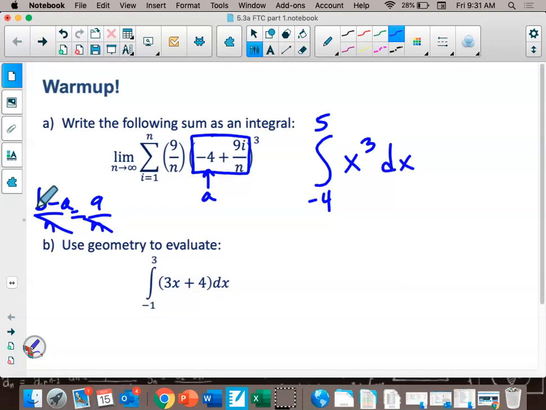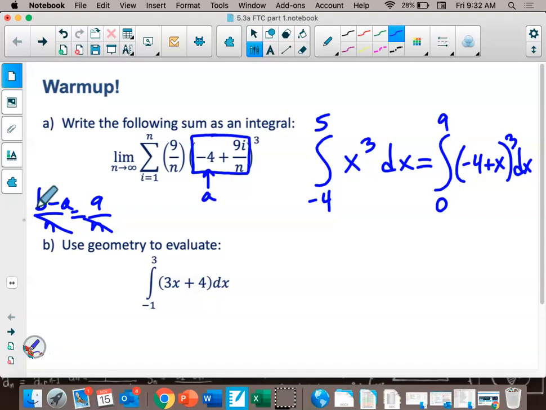As a couple of groups pointed out, this is the same as if we did the integral from 0 to 9 of (-4 plus x) cubed dx. Because if you start at 0, then this is just hard-coded into your function, and so your left endpoint plus width times i would just be the 9i over n.